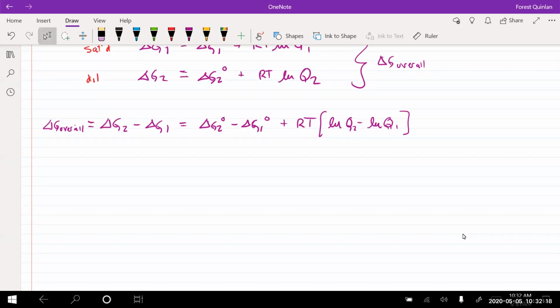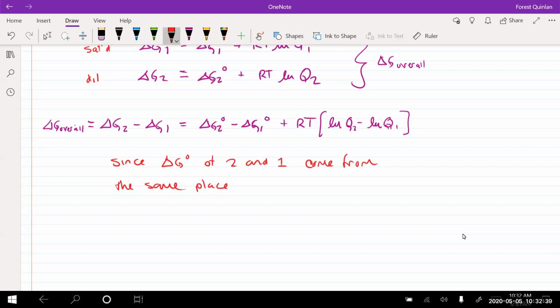What I do want to point out here is, since the delta G naught of 2 and 1 come from the same place, basically saturated conditions, they cancel out.